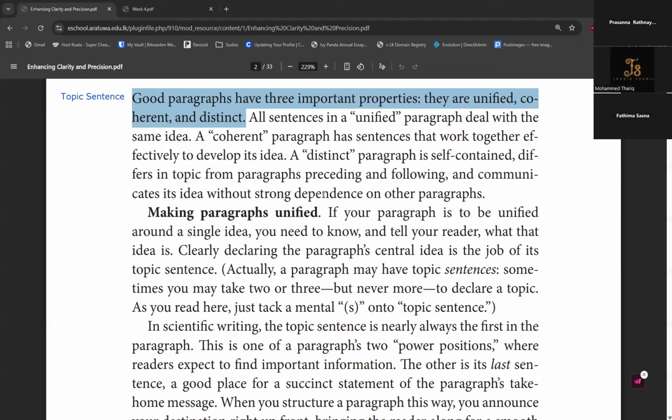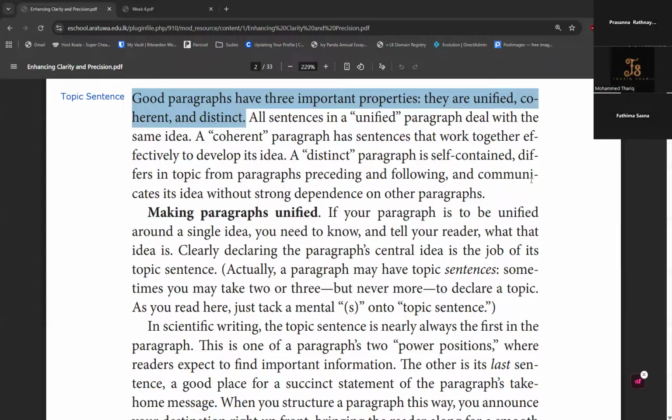And that introduces one thing: the whole paragraph is going to be dealt with around this particular idea. So what is highlighted here is quite simple, but this particular paragraph tells good paragraphs have three important properties. So introducing that three-dimensional properties is the purpose of this paragraph, and that is told in the very first sentence.